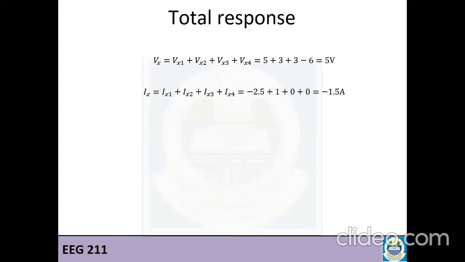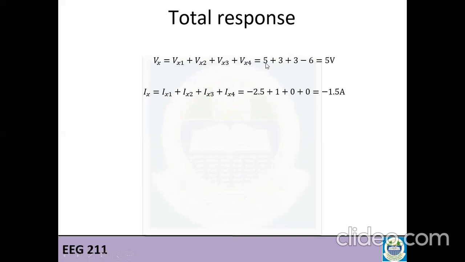The last step is now to determine the total response. In determining the total response, we just sum up all the 4 individual responses, which are Vx1, Vx2, Vx3, and Vx4.